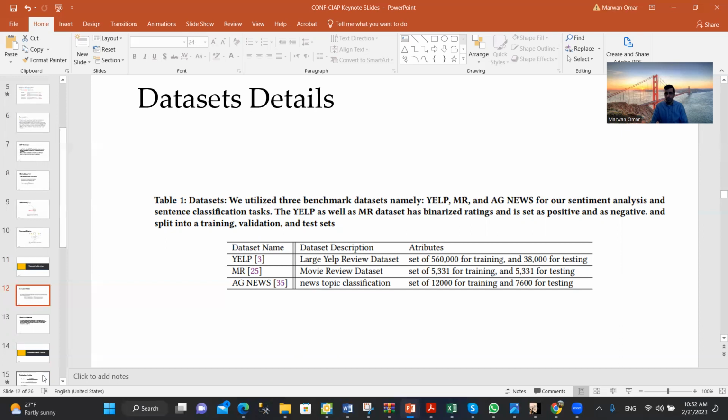The MR dataset, which is the movie review dataset, has a set of 5,331 data points for training and the exact same number for testing. And then for the AG News, which is a news topic classification, we have a set of 120,000 data points for training and 7,600 data points for testing.